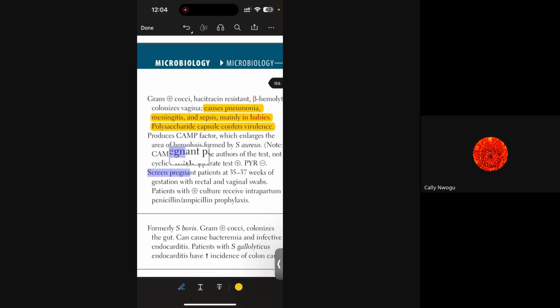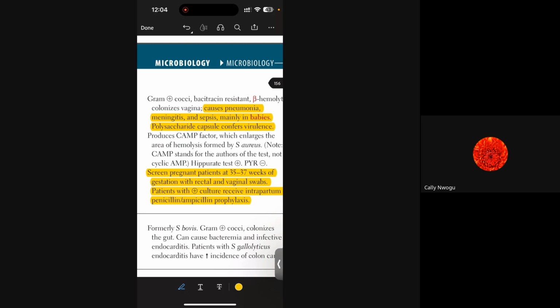Screen patients at 35 to 37 weeks of gestation with rectal and vaginal swabs, and those who are positive receive intrapartum penicillin or ampicillin prophylaxis. But in our patient, there was no routine prenatal care.